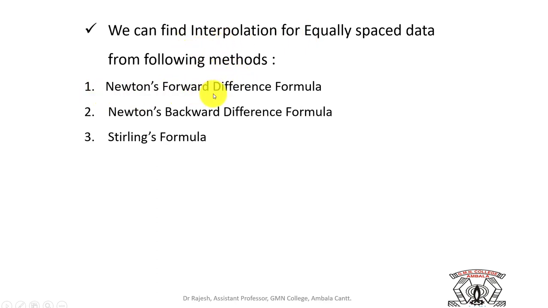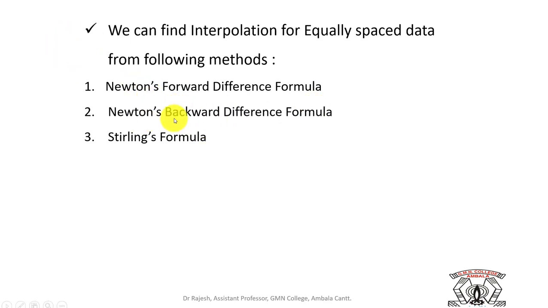Newton's forward difference formula is used to interpolate the polynomial when we are required to find the interpolating value of the function near the beginning of the table.